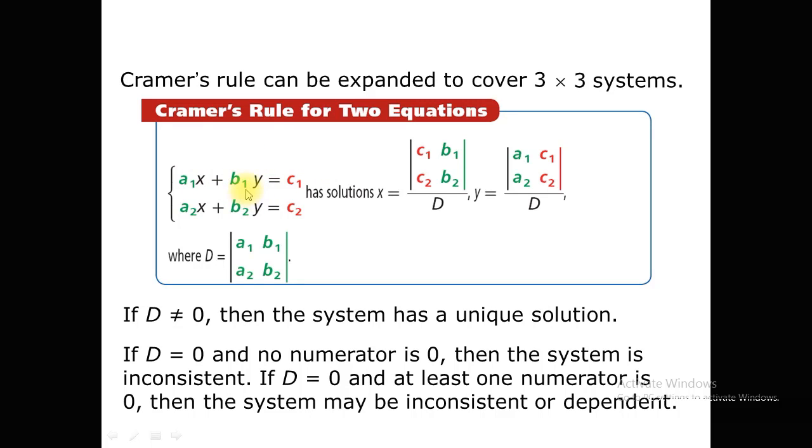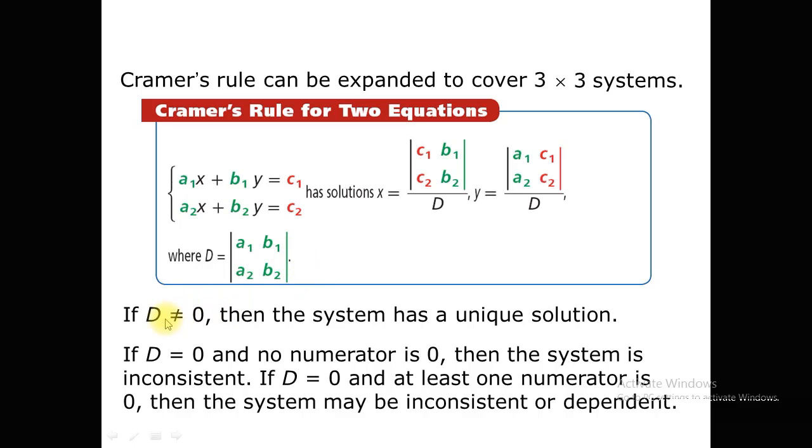Suppose we have a system, then first of all find the determinant of the coefficient matrix, and then find the value of x using the new determinant dx, and the value of y using the new determinant dy. For the value of x divide the determinant dx by d, and for y divide the determinant dy by d, and we obtain the determinant d from the coefficient matrix.